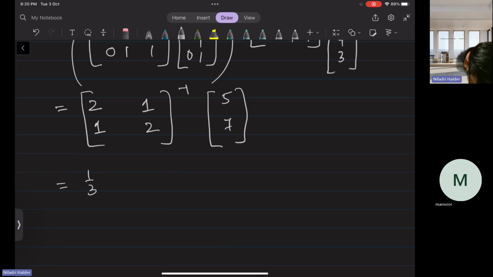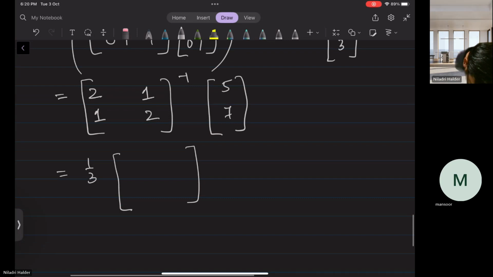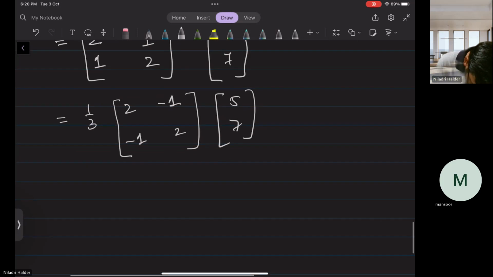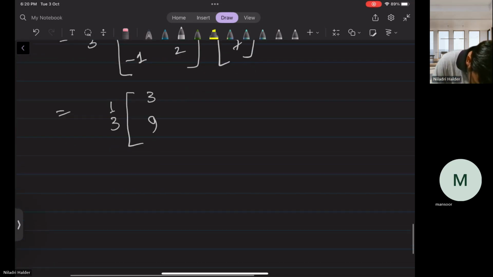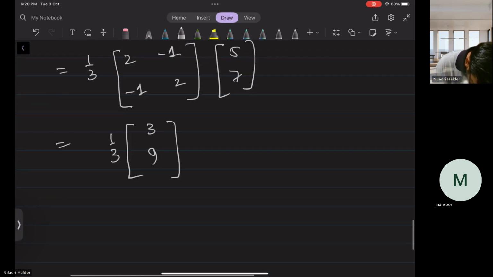So 1 by 3 into 2 minus 1, minus 1 and 2, into 5 and 7, equal to 10 minus 7, 3, and minus 5 plus 14, 9. So 1 and 3.